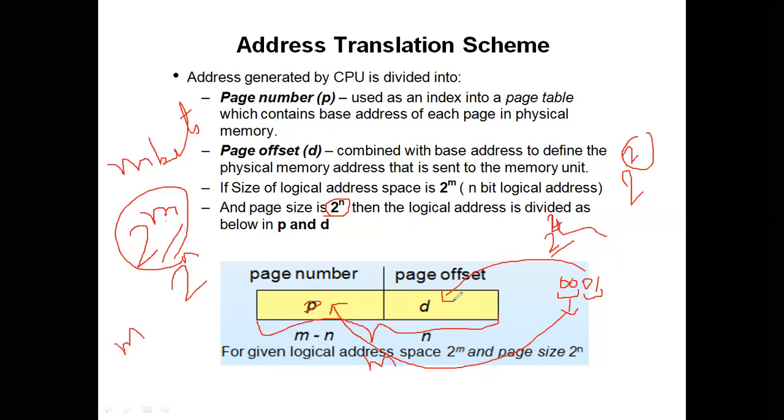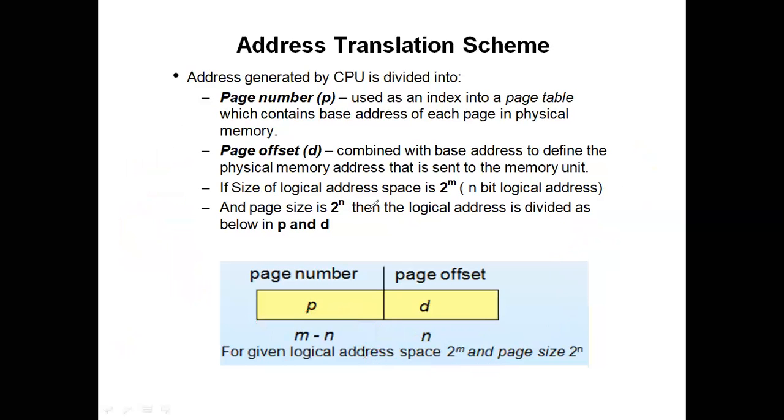So this is how we decide. If you have a logical address space of 2 raised to power 10 and a page size of 2 raised to power 5, the higher order 5 bits of the logical address will be used as the page number and the lower order 5 bits will be used as the page offset. So this is how the addresses are translated in this scenario.